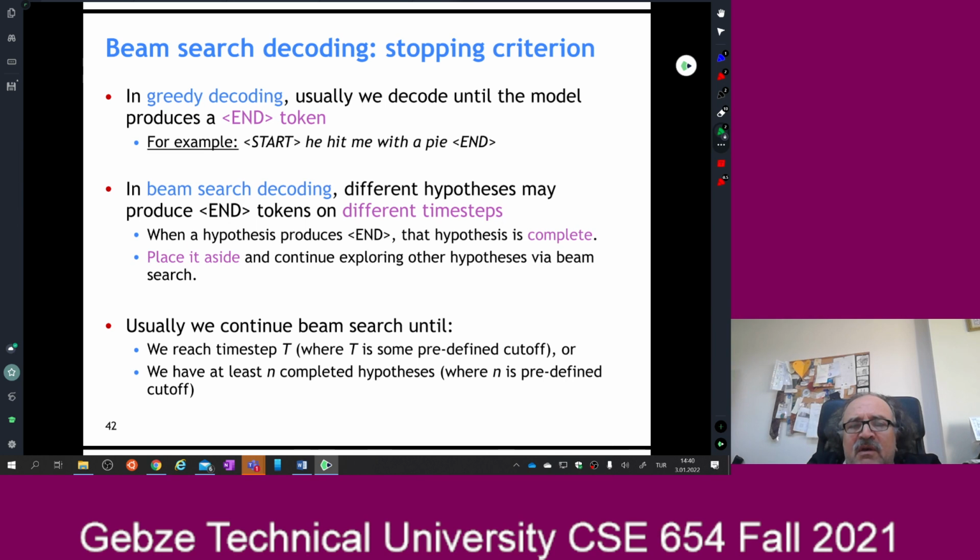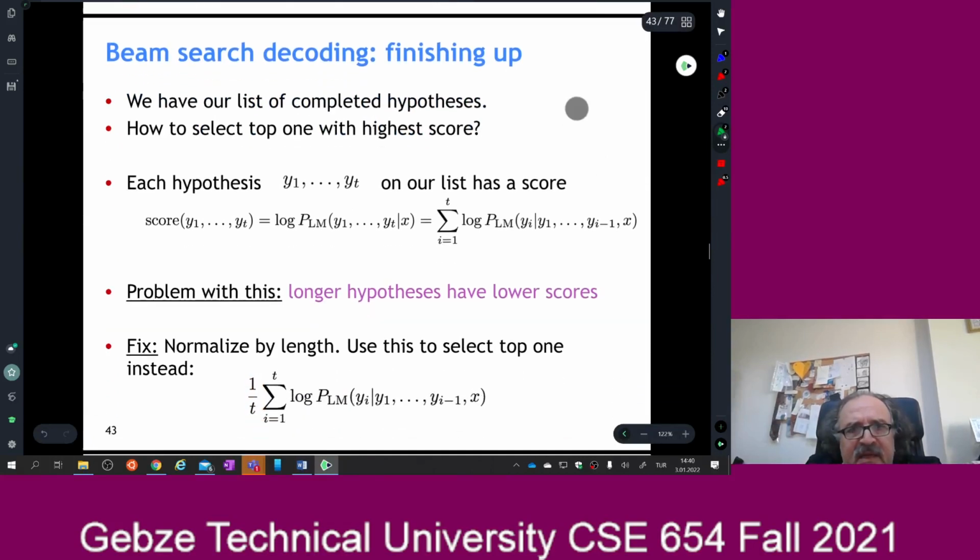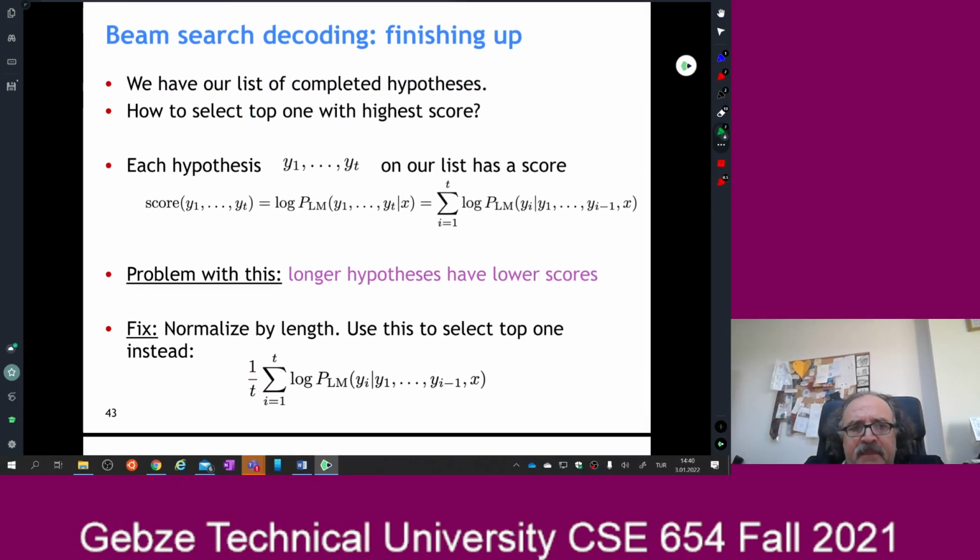So how do I solve this problem? We solve this problem by normalizing each possible sentence by its length.